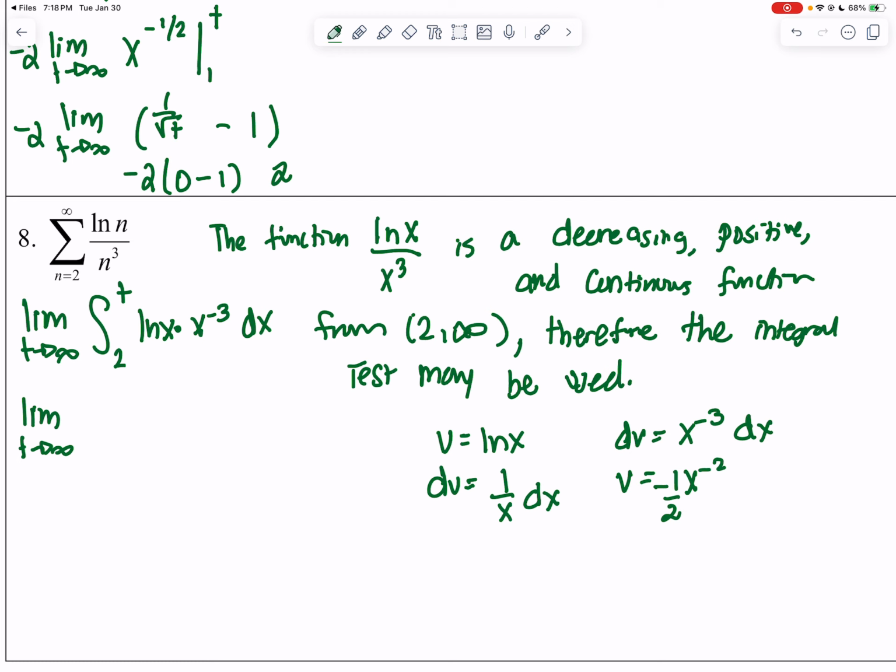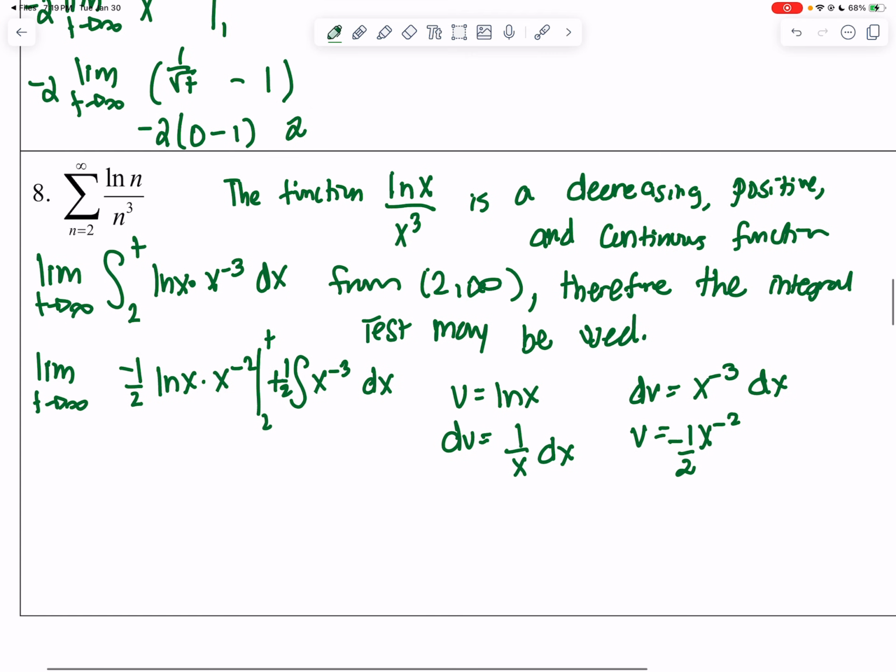And then uv minus the integral of v du, so this is going to be negative 1/2 ln of x times x to the negative 2 minus the integral of plus 1/2 and then x to the negative 3 dx. Whew, that's a lot, I know. All right, so this right here is from 2 to t.